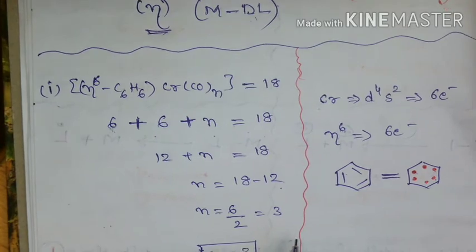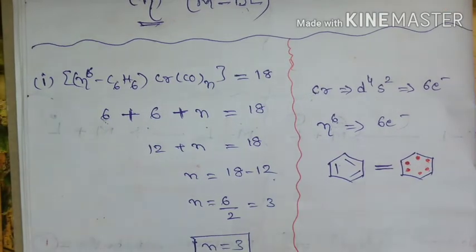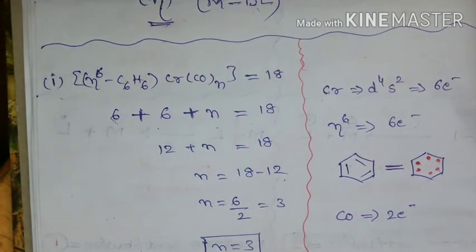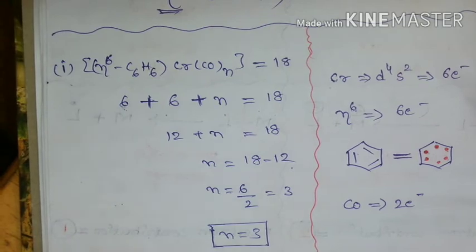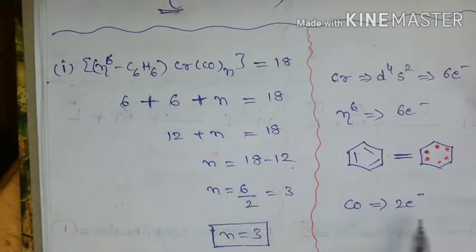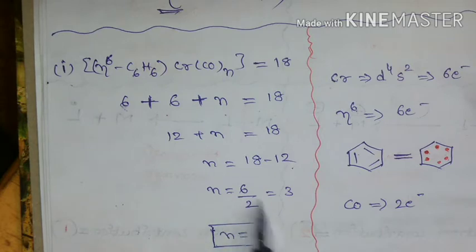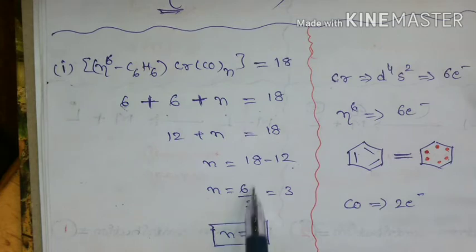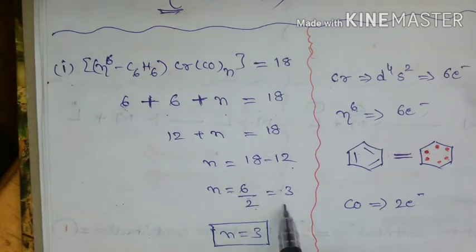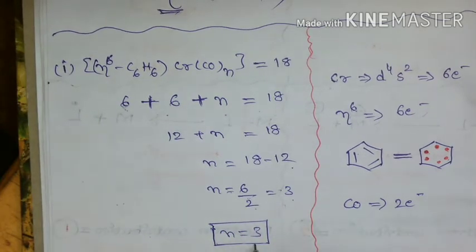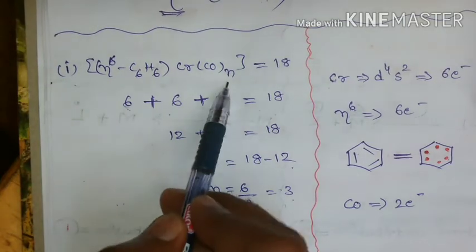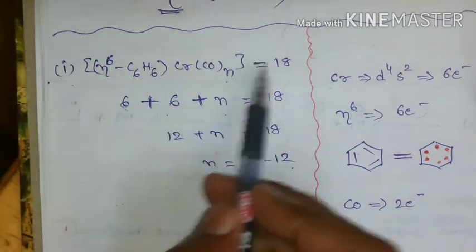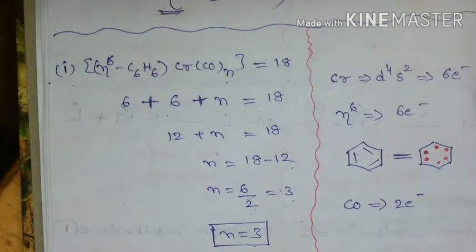Since we know the CO carbonyl ligand is a neutral ligand and it donates 2 electrons, in order to find how many CO ligands are present in this complex, we need to divide by 2. This 6 is the electrons donated by CO, and if we divide, we get 3. So n is equal to 3. If we substitute n is equal to 3 here, this overall complex will have 18 electrons.